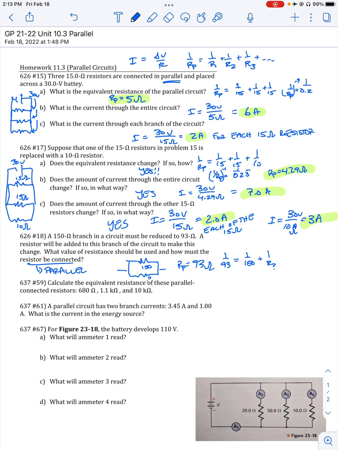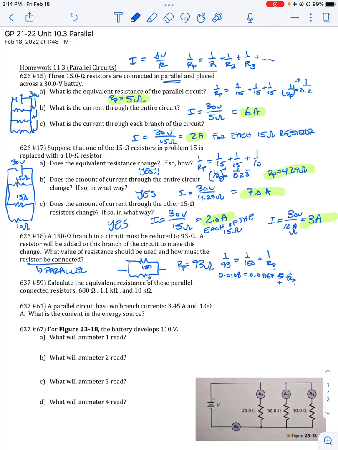All right, so 1 divided by 93, 0.0108 equals 1 divided by 150, 0.0067, right, equals 1 over R. Oops, I'm sorry. That's plus 1 over R, the thing we don't know.